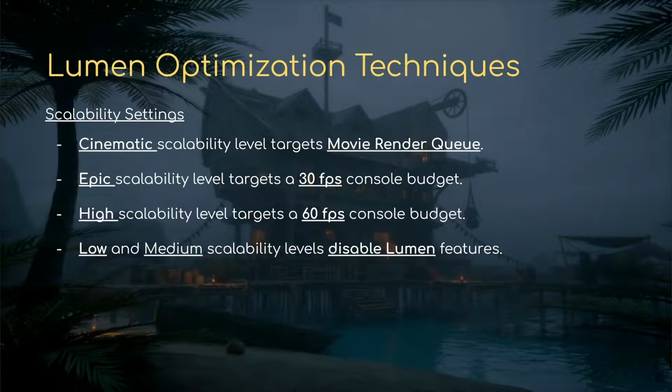That is a bit optimistic, but it can be done. And the same with High, targeting 60 frames on consoles. You have to do some trade-offs, but it can be done. And then Low and Medium scalability settings just disable all the Lumen features, so I could not recommend them if you are going to use Lumen.